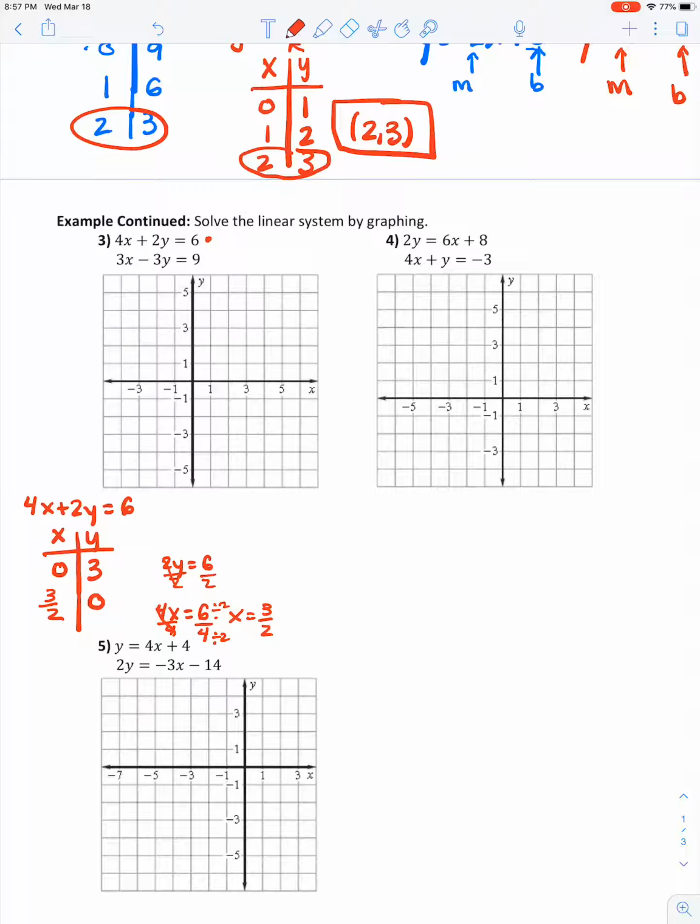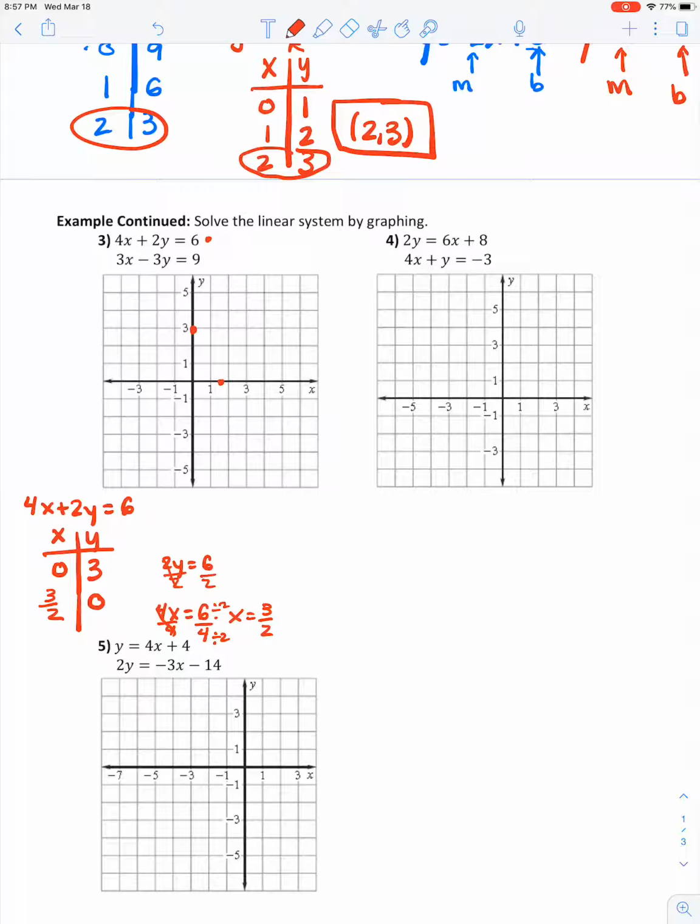Okay, so I can go ahead and graph this line now. We've got 0, 3. And 3 over 2, you kind of have to guess where that is. That's right about here. This is where you can see sometimes graphing isn't always the easiest way, because when you are dealing with fractions, you have to guess where that is on the graph.